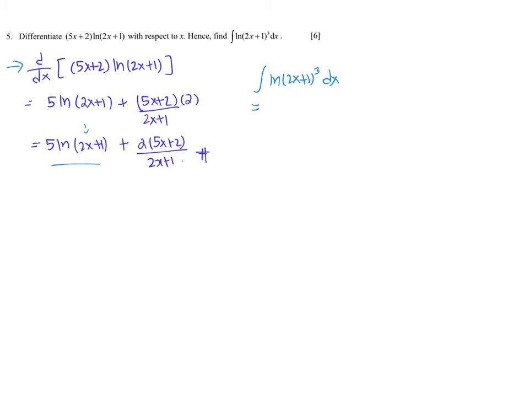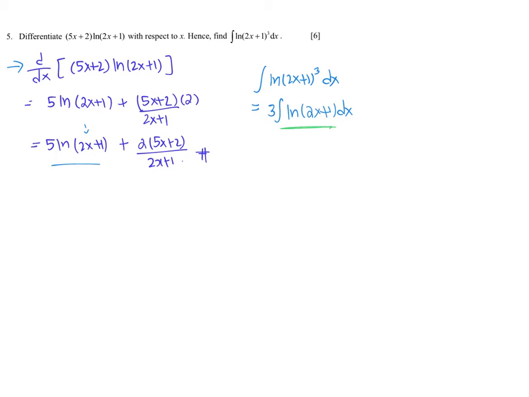Okay, but before that, as we learned from logarithm, we can simplify this to 3 bracket ln 2x plus 1 dx. Okay, so our objective for the next part is to get this result, the integration of ln 2x plus 1. If we can get that, and through some manipulation, we should be able to get our answer.